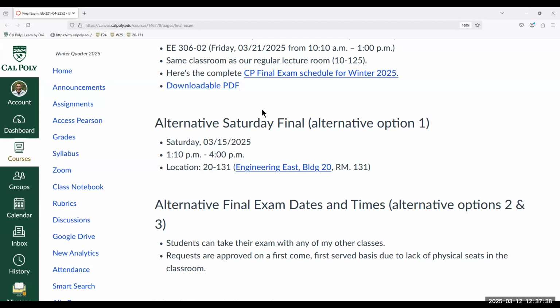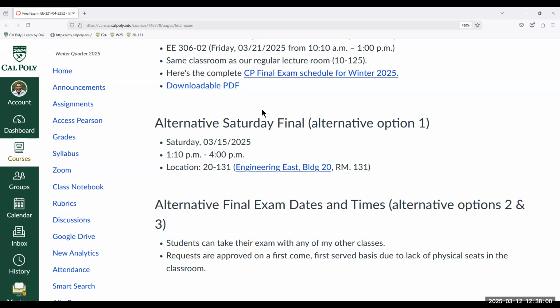And this coming Saturday, that classroom, more likely than not, will be either 2131 or 2126 across the hall. But it's in building 20, not in this building. It's in building 20. So if you do wish to come on a Saturday, please go in person and check out where those rooms are.